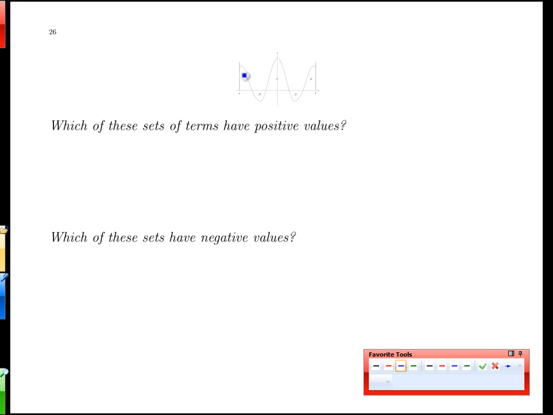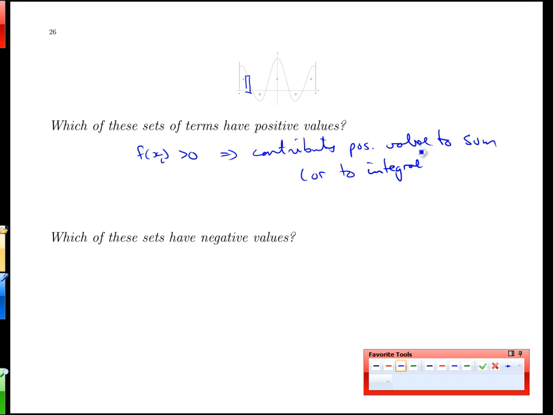Some of those are going to have positive values. When f of x sub i is greater than 0, then it contributes a positive value to the sum. Or, because the sum and the integral are the same, except the integral has more and more intervals, those values contribute positively to the total integral.